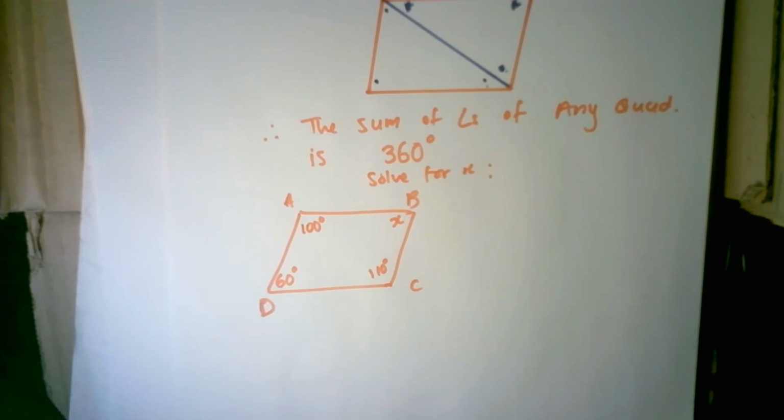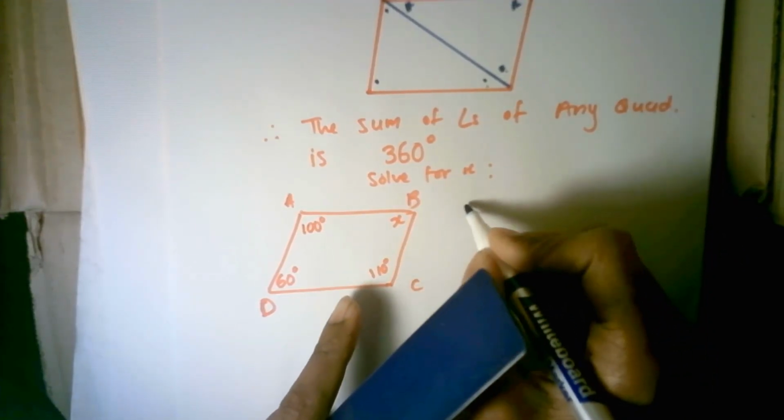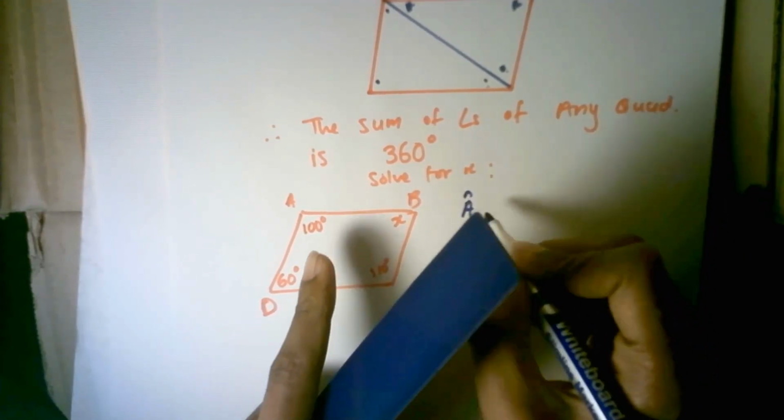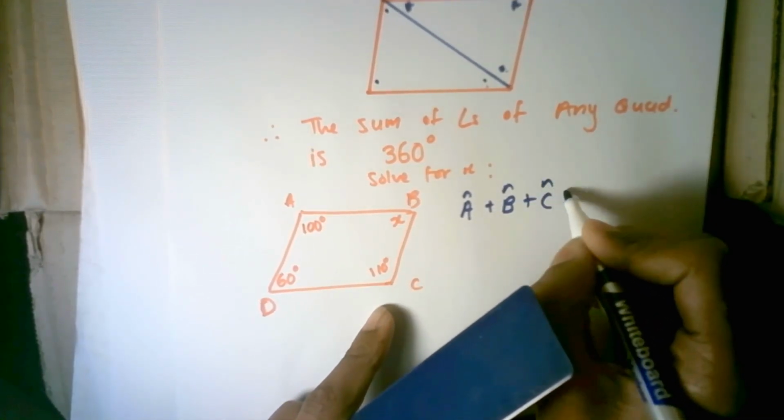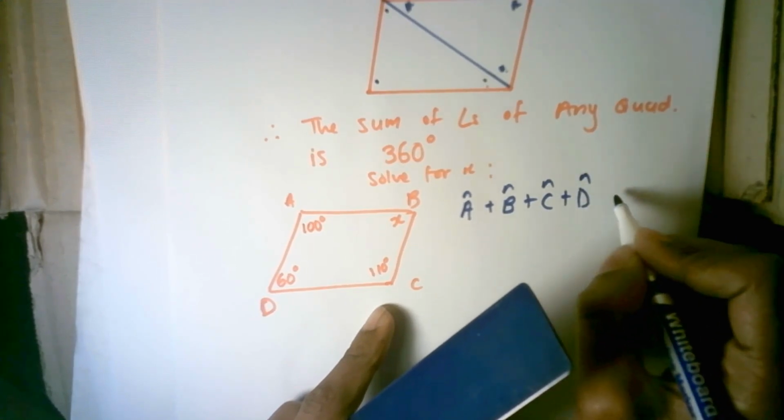Given our knowledge that the sum of angles of a quadrilateral is 360 degrees, I can use that knowledge to find the value of x, which is angle B. Firstly, I know that angle A plus angle B plus angle C plus angle D is equal to 360 degrees.